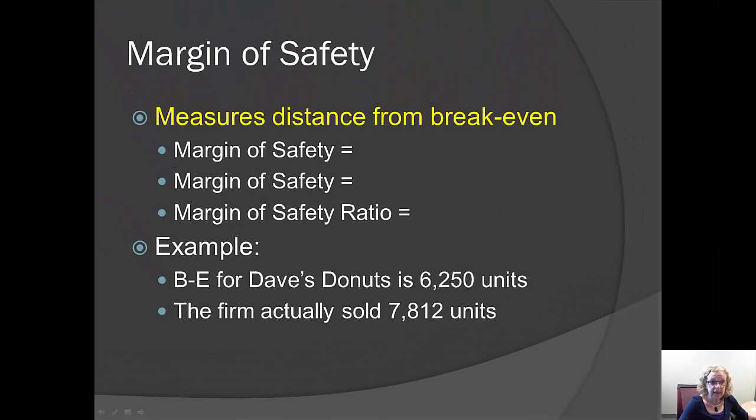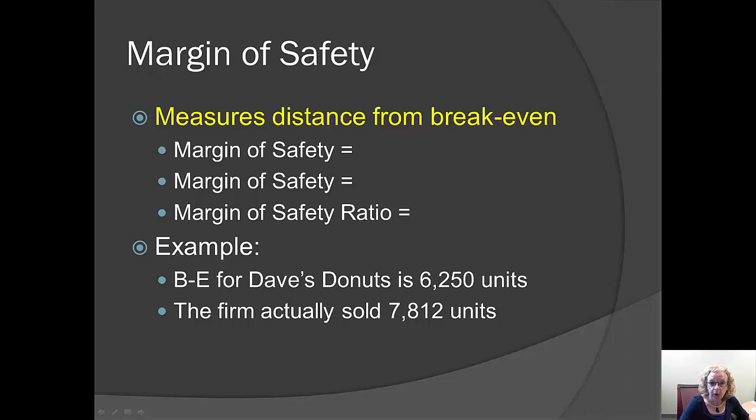Another useful concept is margin of safety. Basically, that means how far away are we from break even? To put it another way, how much could our sales decrease before we have to worry about not breaking even?